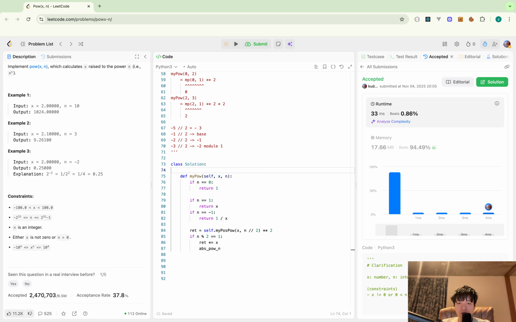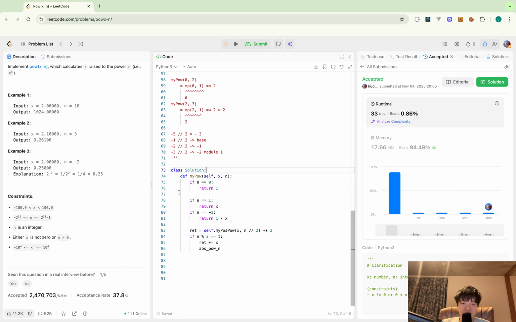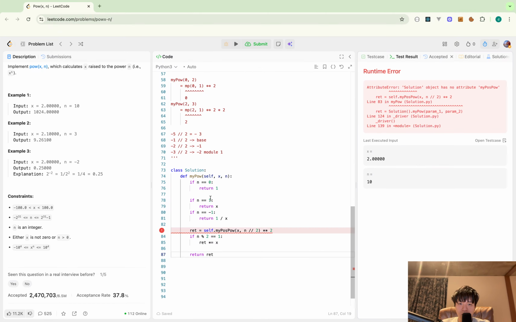And if I do the distinction of n positive or negative for the outer function, I didn't have to distinguish them. Yeah, quite tricky. Okay, so anyway, oh, this is correct. Yeah, I also updated this.